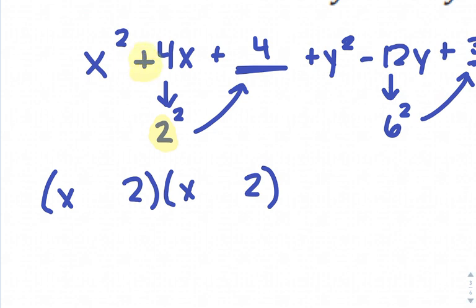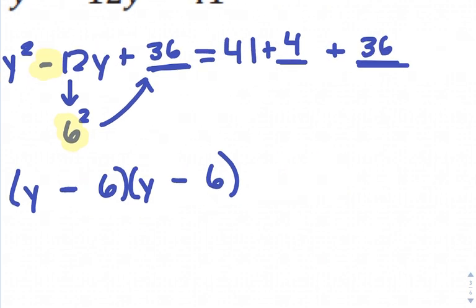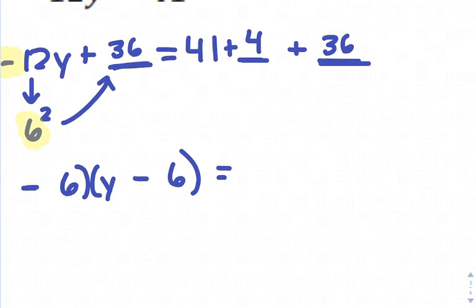So since it's plus, I put plus here and here. To look at the y now, I know it's y something 6 because half of b was 6. So it's y something 6, y something 6. And I look at the sign in front of 12 and it's negative, so that's how come I know it's −6. 41 plus 4 plus 36 is 81.